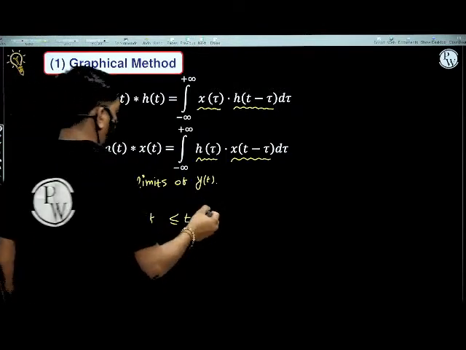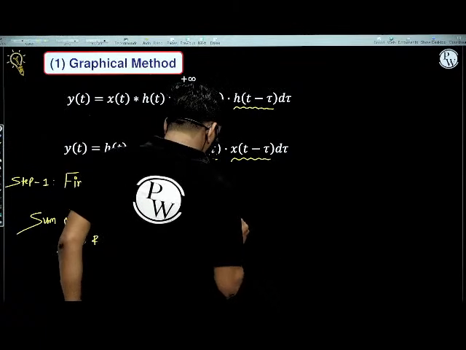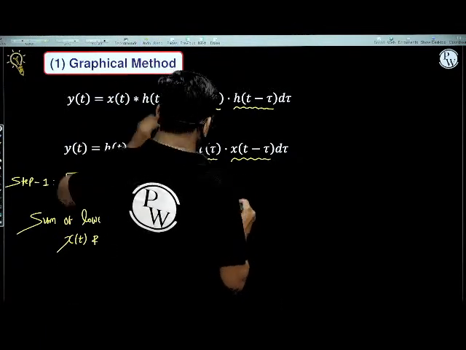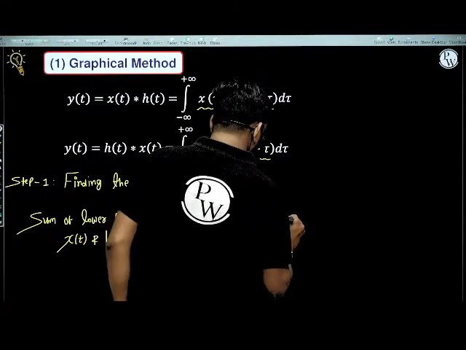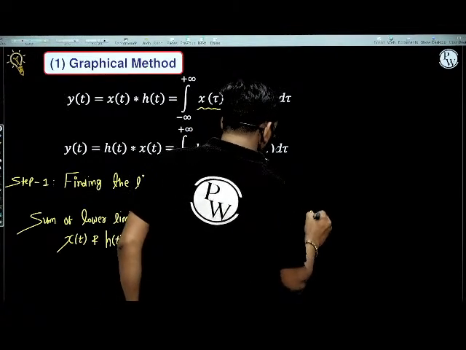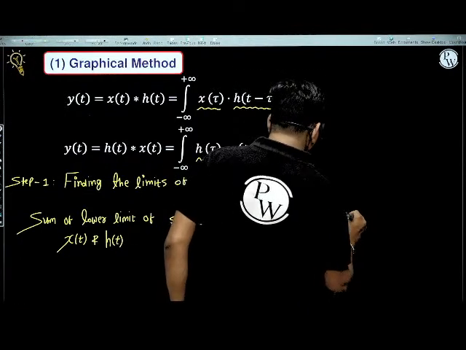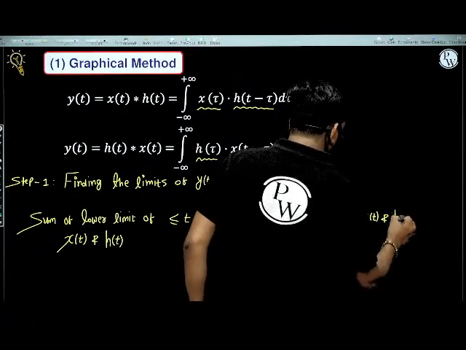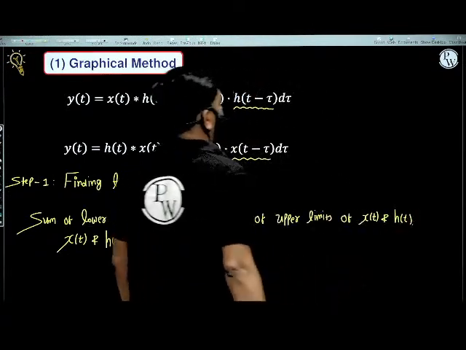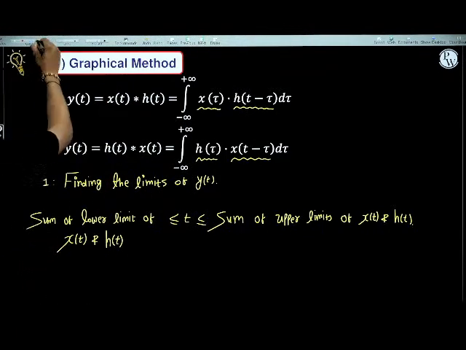Again, the upper limit is the sum of the upper limits of x of t and h of t. Okay, so what is the meaning of this step number 1?